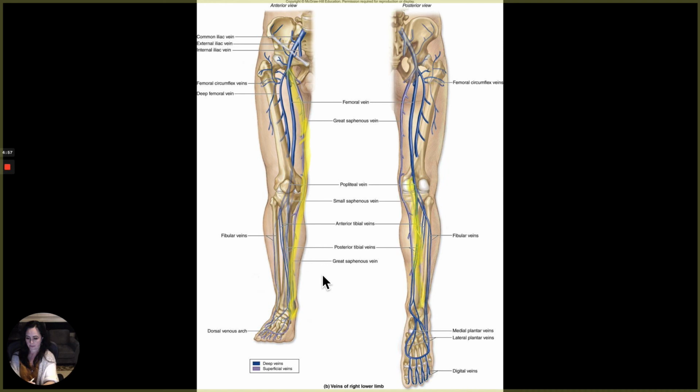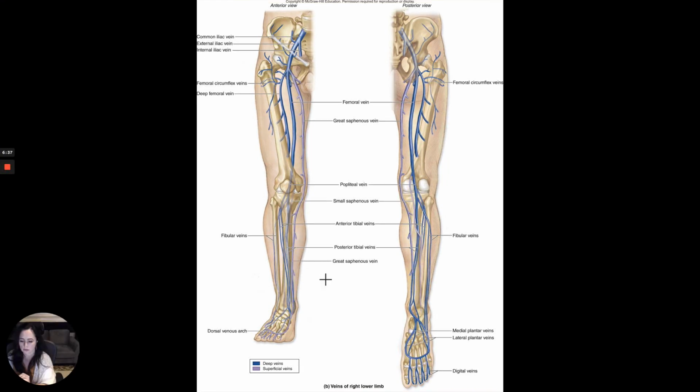It dumps usually into the popliteal. That's that one. We do have great saphenous veins on a few of the cadavers, and small saphenous, I'm not sure if we do. Okay, and that is arterial flow and venous drainage of the lower limb.